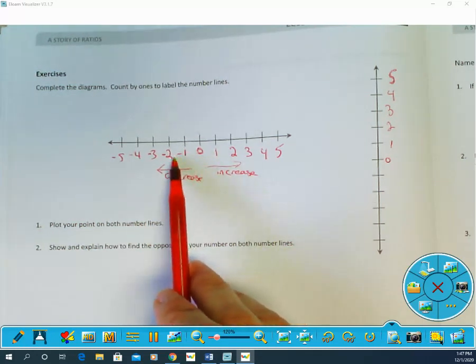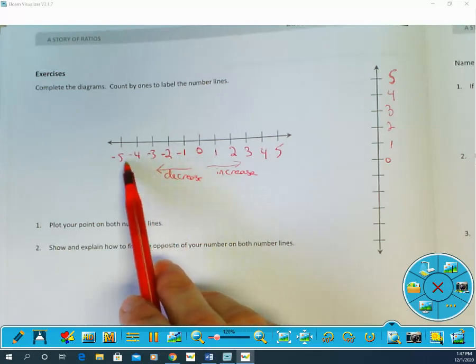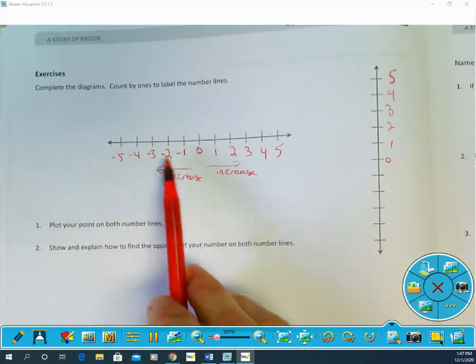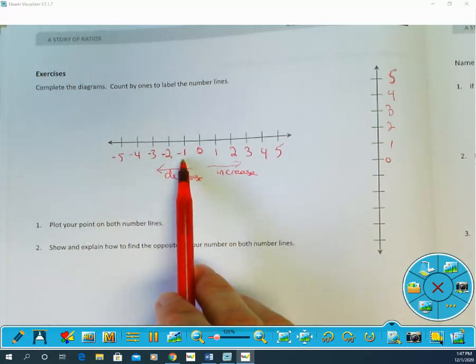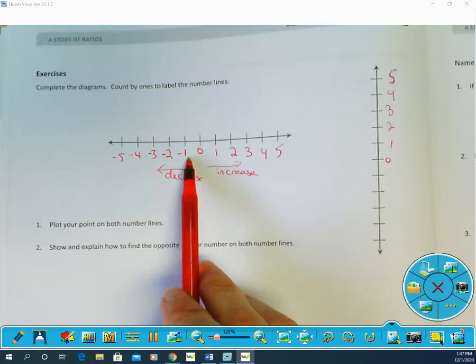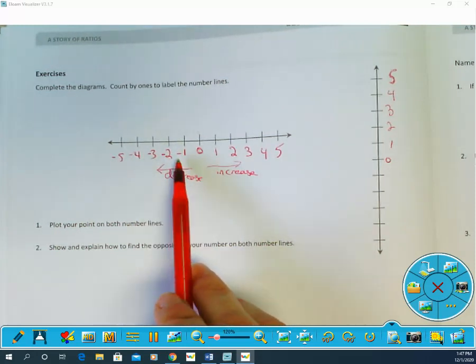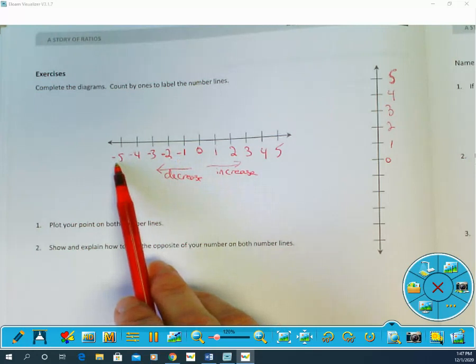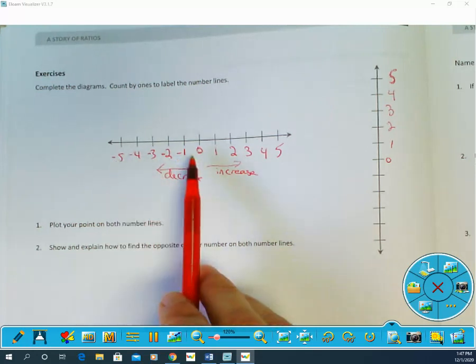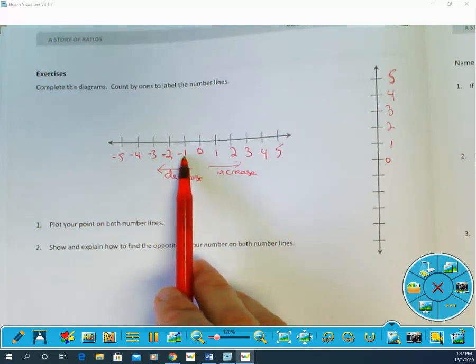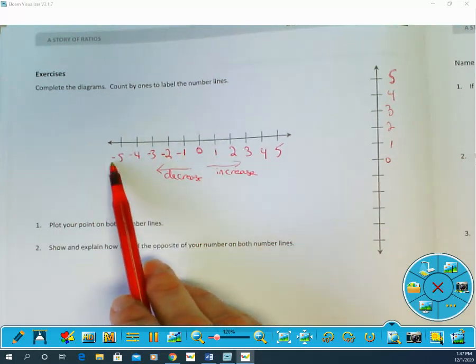And so $2 is actually a larger value of debt. You kind of want to have the smaller value of debt as you get closer to 0. You definitely wouldn't want to owe me $5. Wouldn't you rather only owe me $1? So this is a lesser amount of money owed as opposed to owing me $5, right?